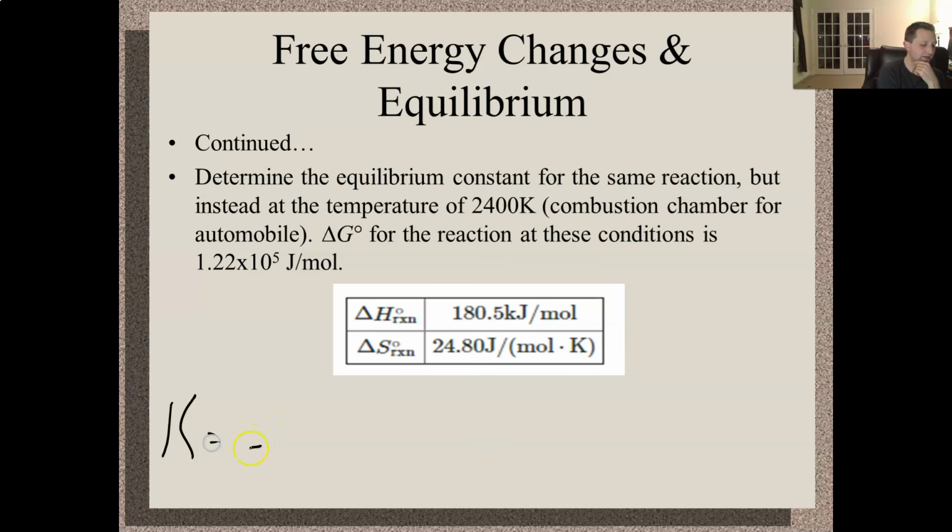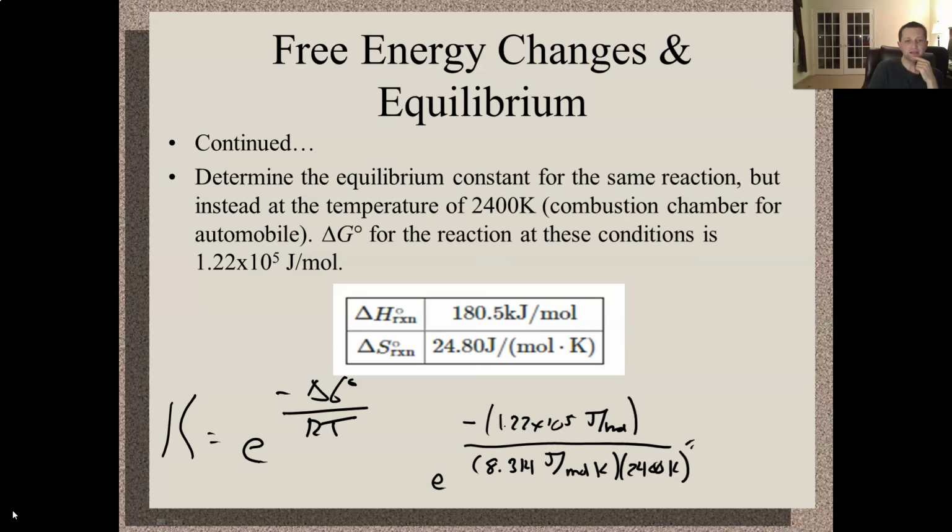So again, K equals e to the negative delta G over RT. Plug it in, and we'll see what we get. Okay, plug everything in. Again, negative 1.22 times 10 to the fifth joules per mole over the quantity 8.314 joules per mole Kelvin times 2400 Kelvin.